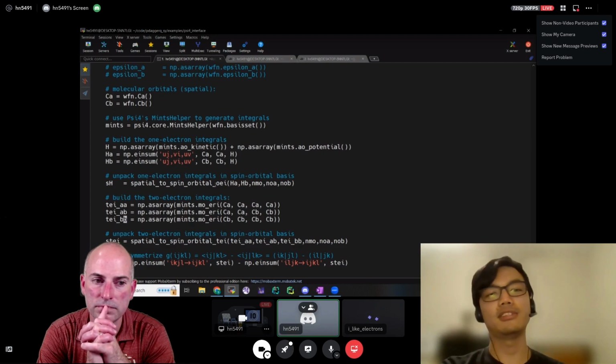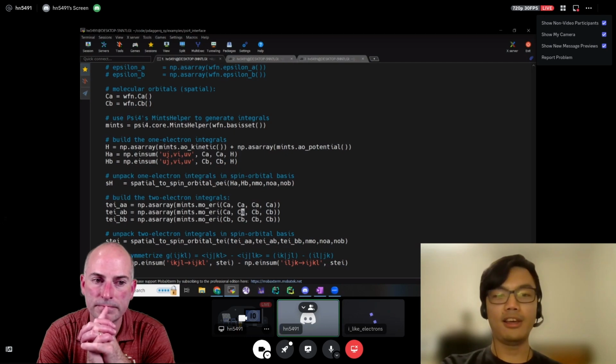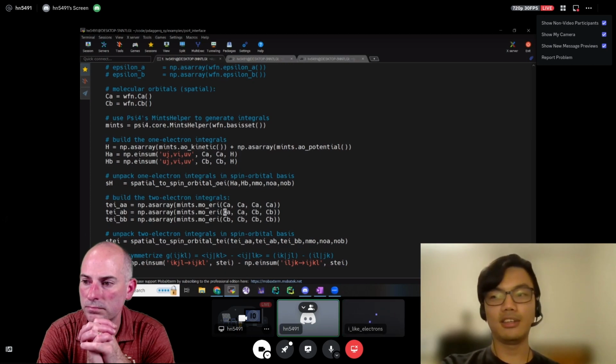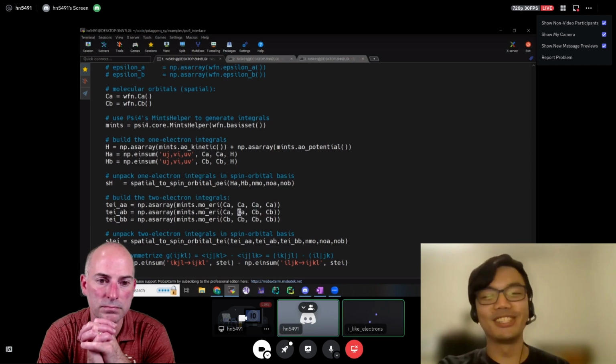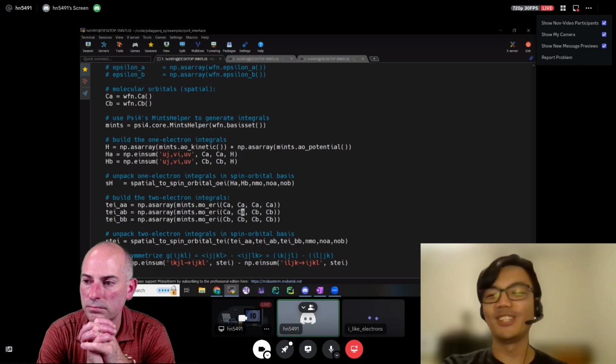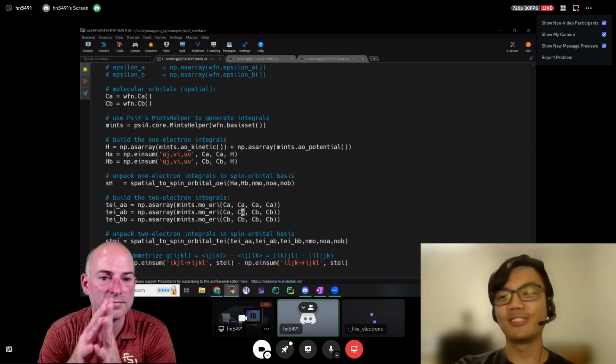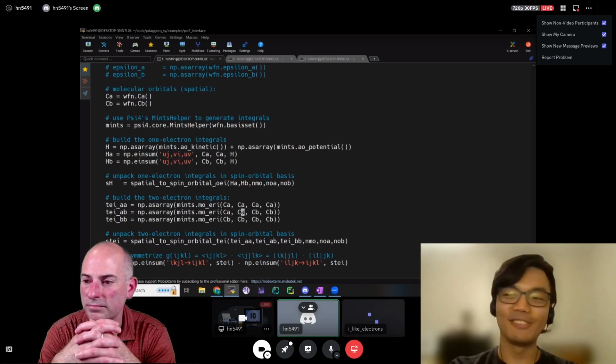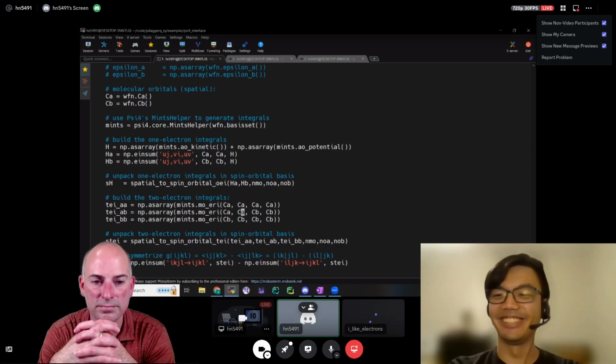electrons beta spins. And I believe with Psi4, you do this in chemist notation, which means that this is electron 1, and this is electron 2. So I guess if you just play around, whether it's going to be chemist or physicist notation, just plug in whatever notation you think it is, and if it gives you the wrong number, it's wrong.